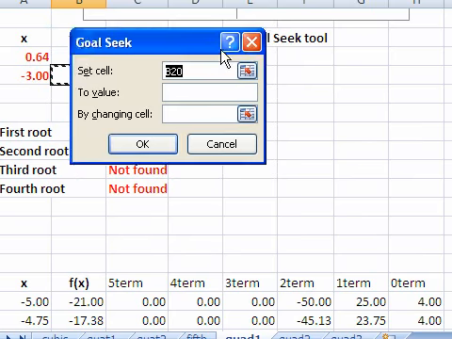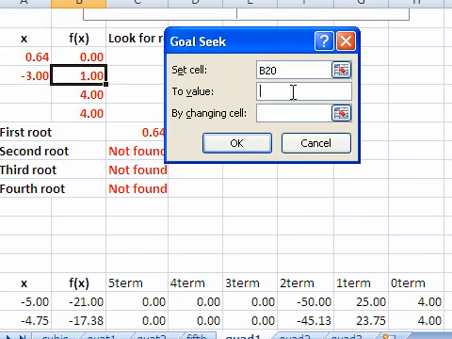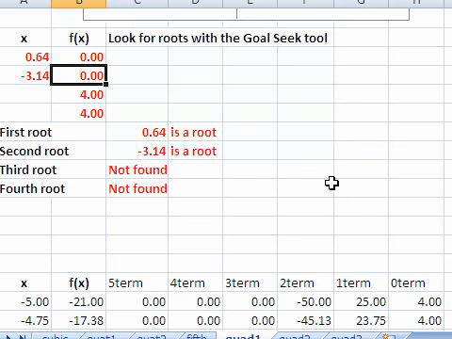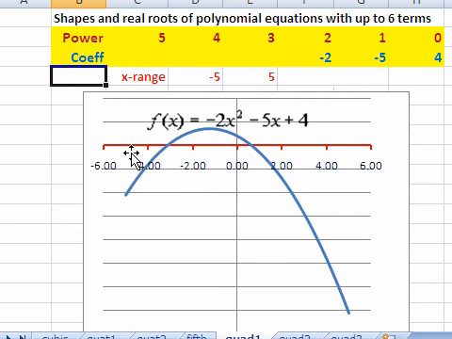Goal seek. Set f of x to 0 by changing x. It has found another root. So 0.64 and -3.14 are the two roots of this equation, as you can visually see over here, where the f of x crosses the y equals 0 line is where f of x equals 0, and the value of x at which f of x equals 0 satisfies this equation.